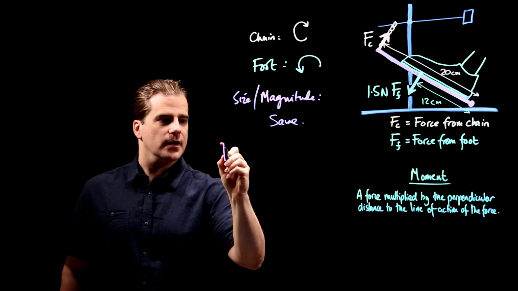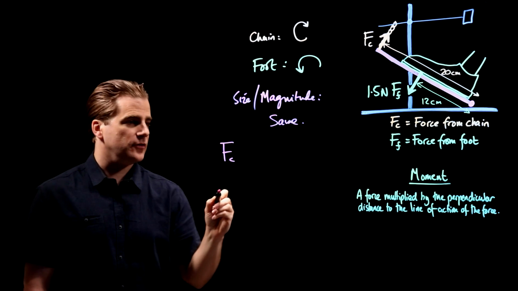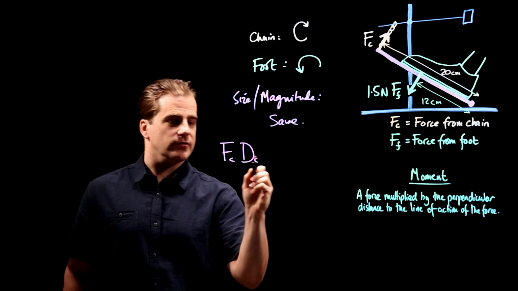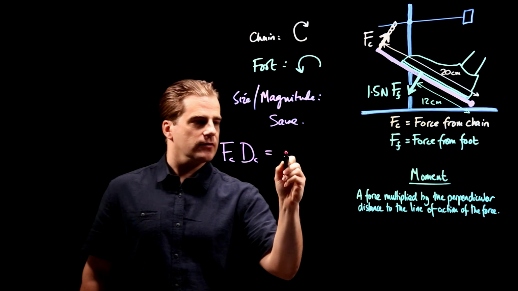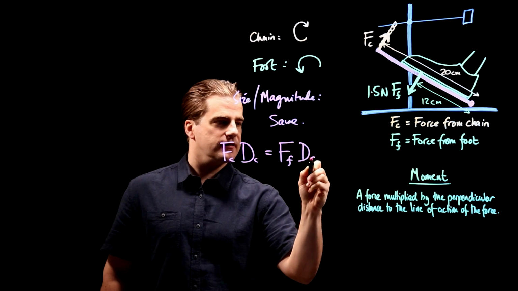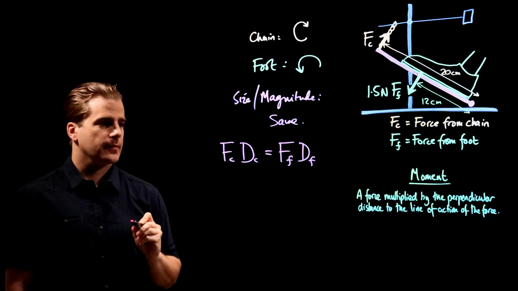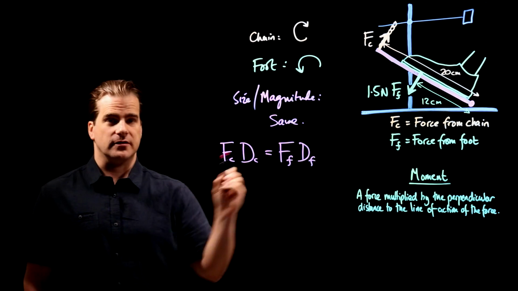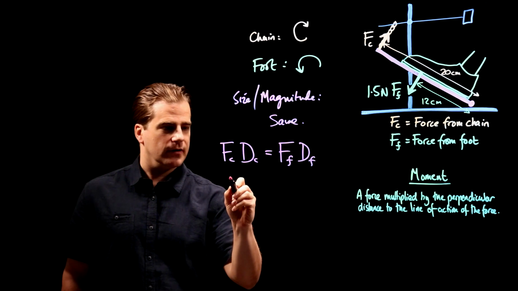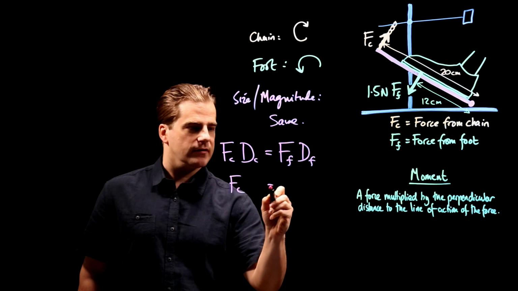So FC, force due to the chain, times perpendicular distance due to the chain, equals force due to the foot times perpendicular distance due to the foot. Okay, it's the moments equation. And we want FC, so make FC the subject.